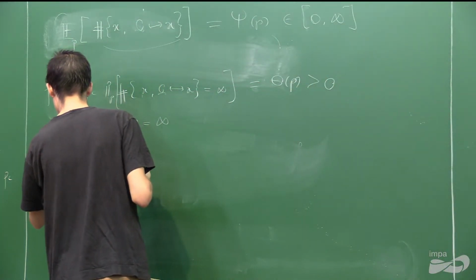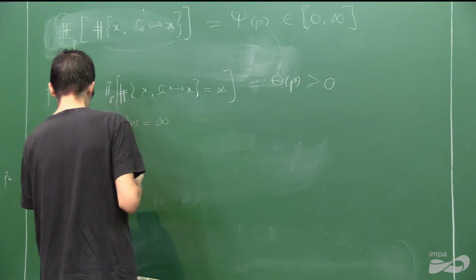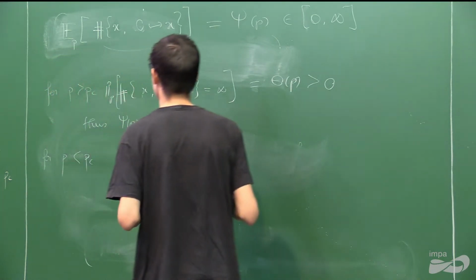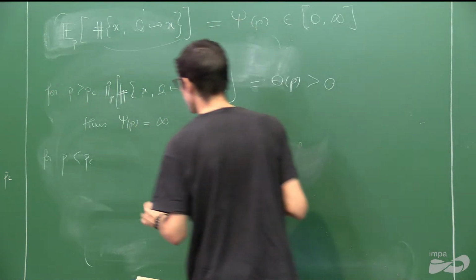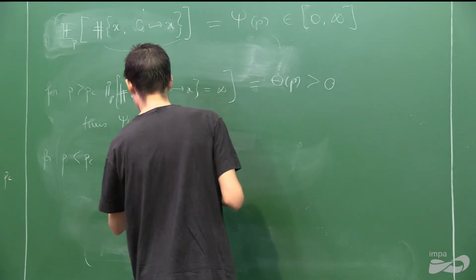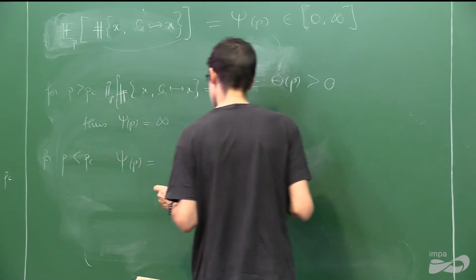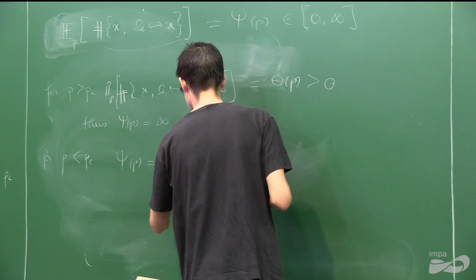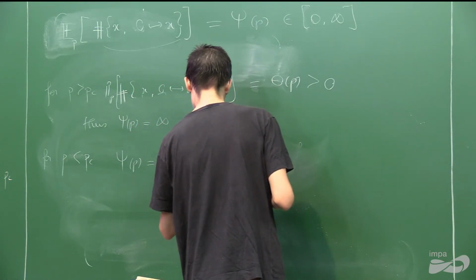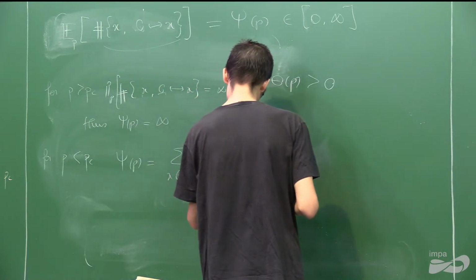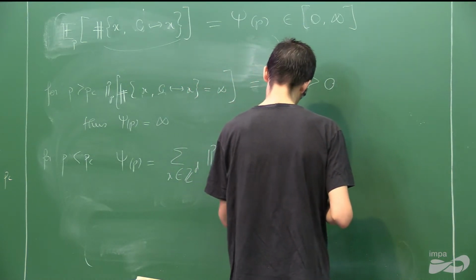For p smaller than p_c, on the contrary, what you have is that phi p is equal to the sum over x in Z^d of the probability that 0 is connected to x.